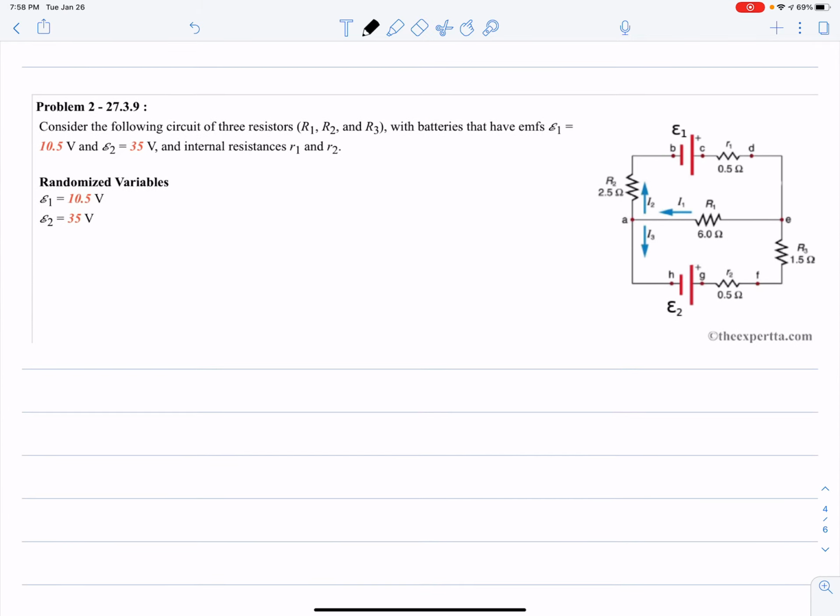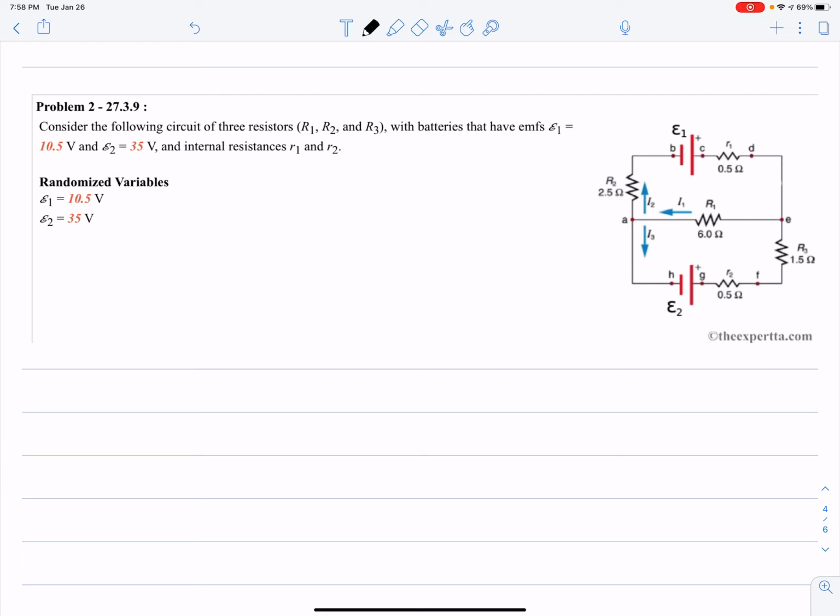So the first thing is we look at the diagram and we identify that there's current 1 going into this junction A, and it's splitting into current 2 and current 3. That's the first step. So following Kirchhoff's rules, I'm going to pick 2 loops.